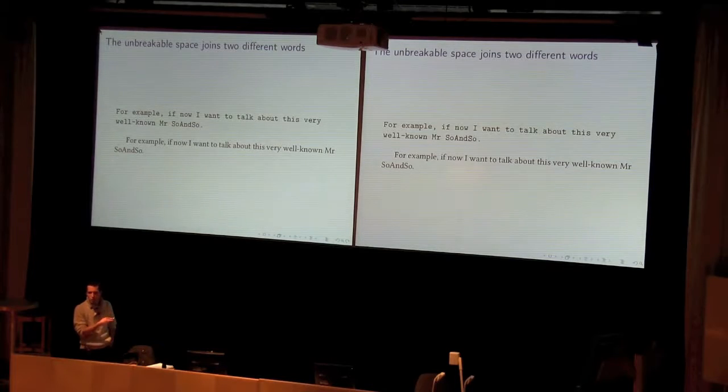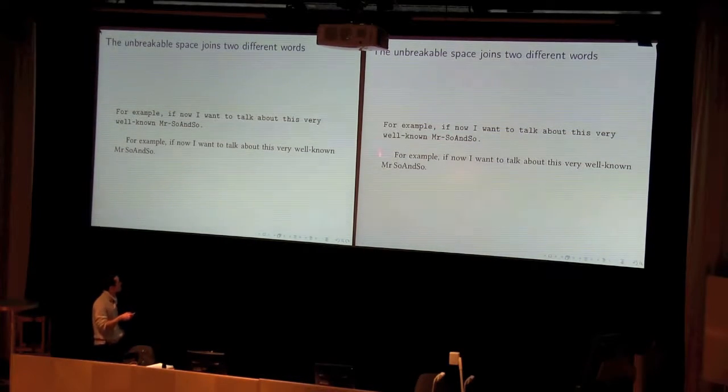Here we don't want it to be seen really as a single unbreakable word. We just want to join two words so that they stay together. So we have this kind of tilde. The tilde is this little wave, which is on every keyboard, and this is not outputted as a tilde.